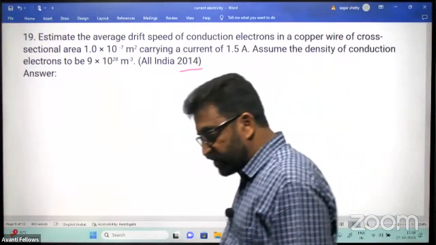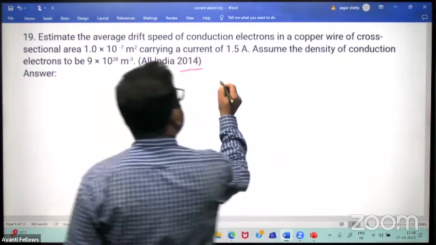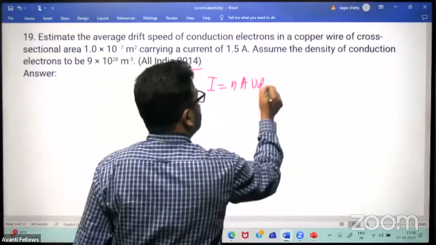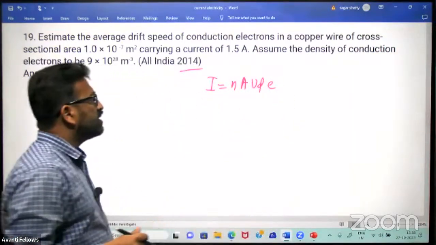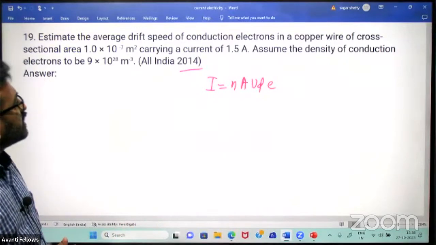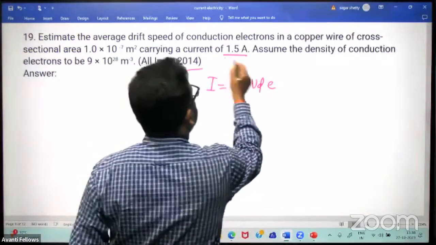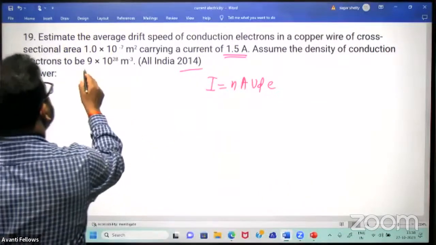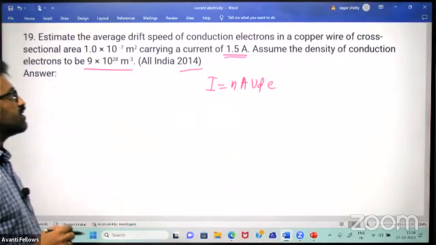We have a direct equation for drift velocity: I equals N A Vd into E. Current is 1.5 ampere. Density of conduction electrons is 9 into 10 power 28 per meter cube.